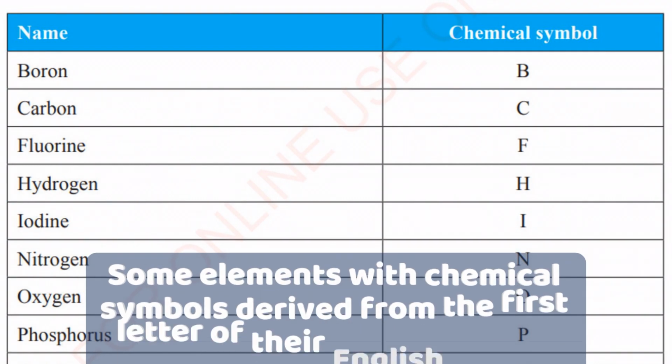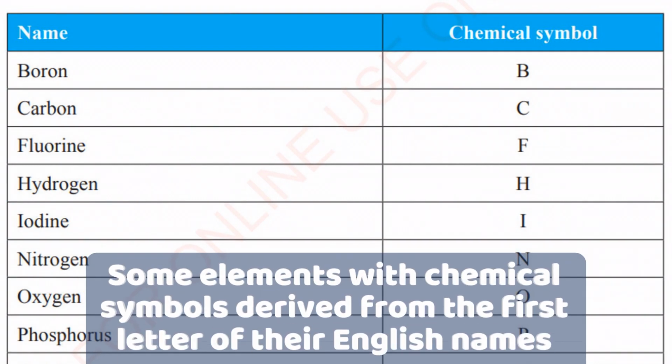From the table shown here, these are some of the elements with the chemical symbols derived from the first letter of their English name. For example, as you can see, boron has chemical symbol B, carbon C, chlorine F, hydrogen H, iodine I, we just pick the first letter of their English name.